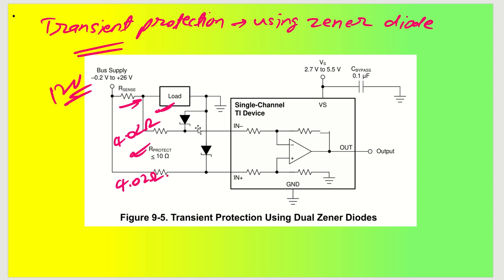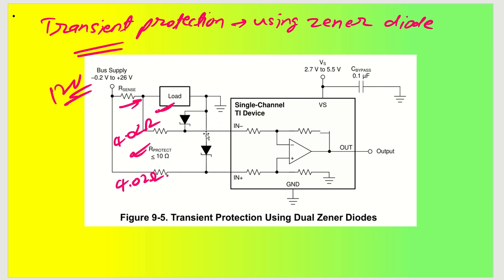Okay. Now coming back to the protection. You can utilize Zener diodes to protect them. From ground you can see we have a Zener diode here, and we have a Zener diode at this place. So negative input also and positive input also, both the places we will be using one Zener diode connected to ground. That's the understanding. We are going to save our device from the transient.